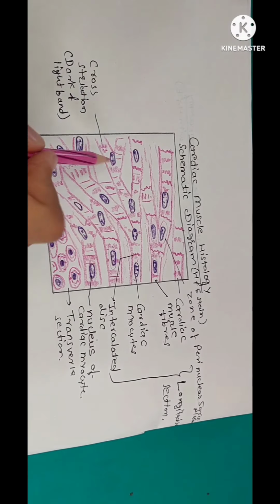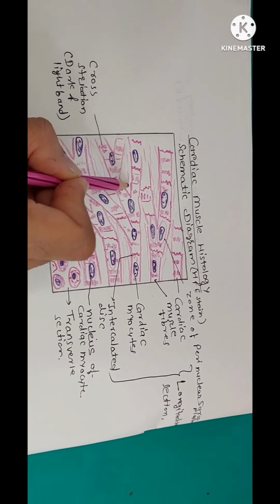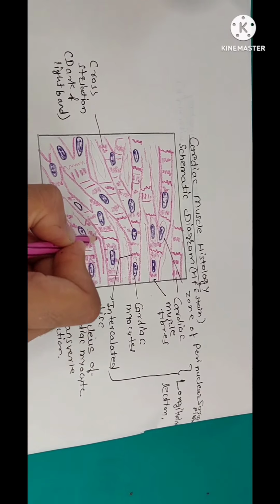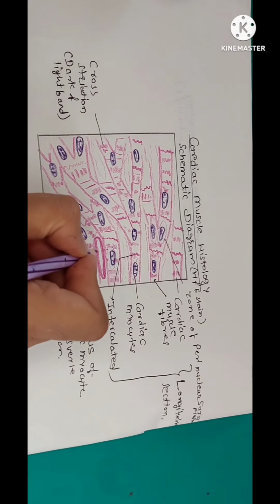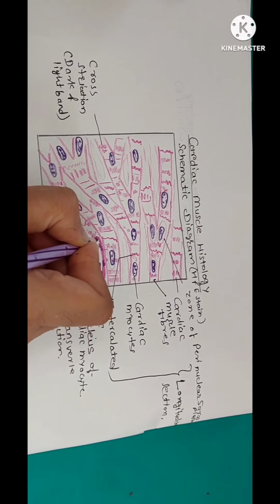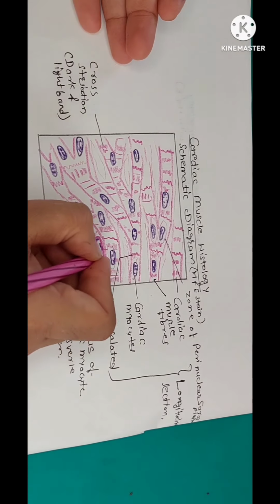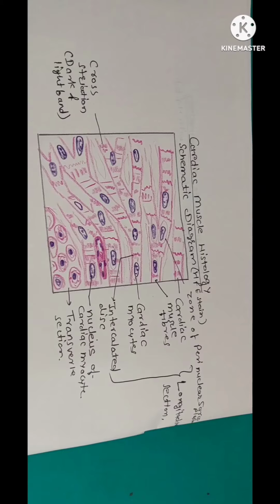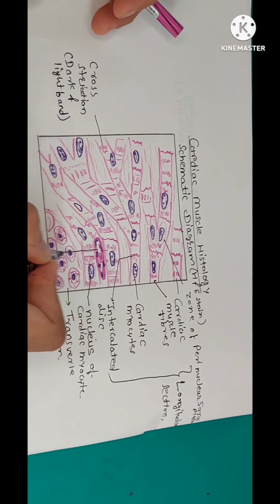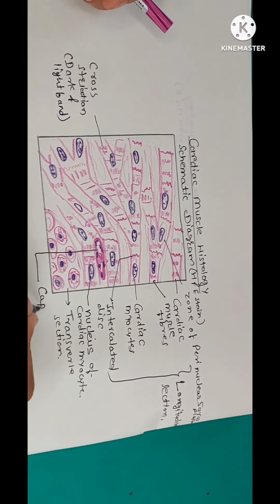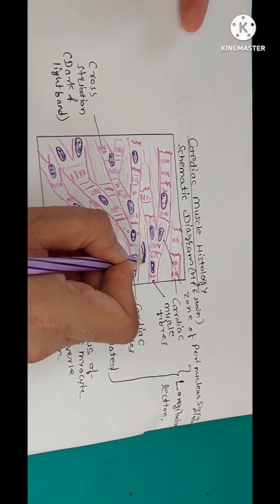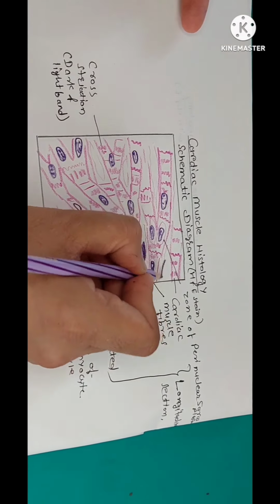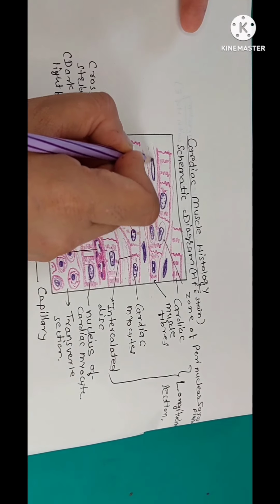Thin delicate connective tissue is present in these slit-like spaces. It contains the capillaries. I am drawing one of the capillaries, the endothelium of the capillary, and RBC. So here label it as capillary. Here you can see a few elongated nuclei of fibroblast cells as well.